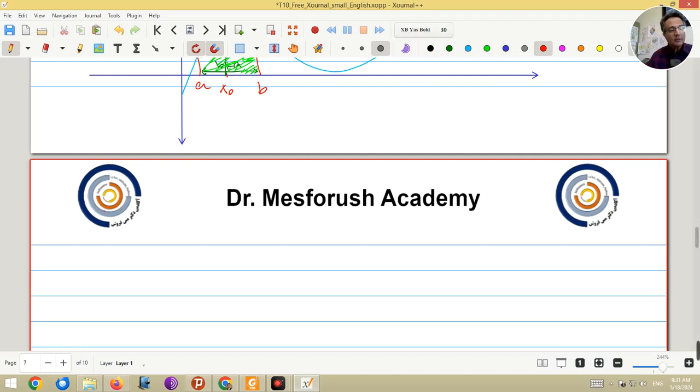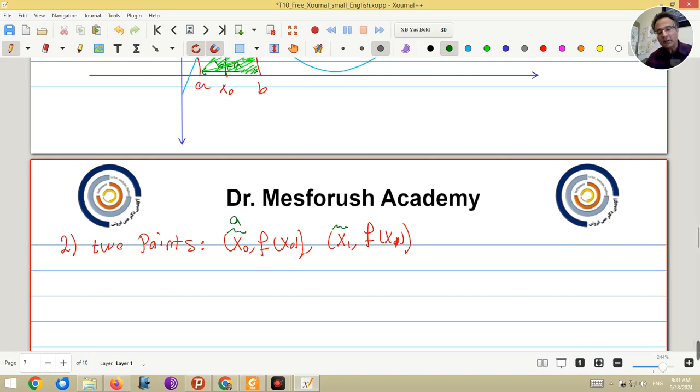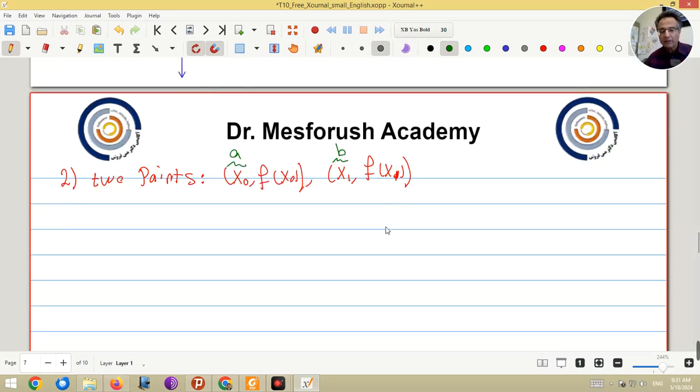So let me consider case 2, and let me consider 2 points. Which points? x0 and f of x0, x1 and f of x1. For simplicity, usually we consider x0 equal to a and x1 equal to b.